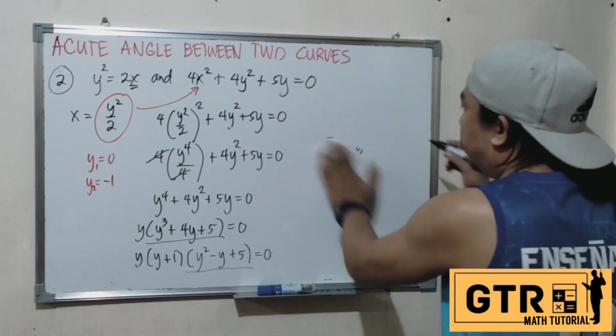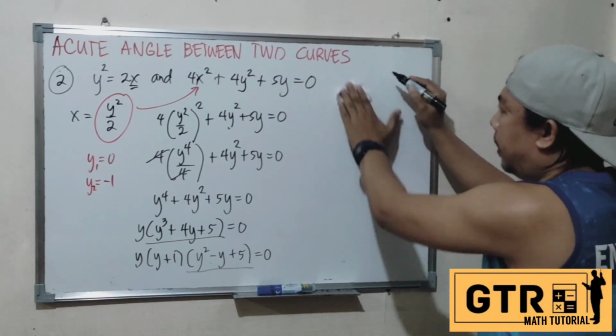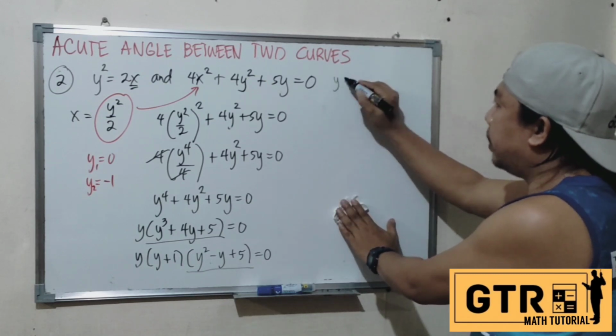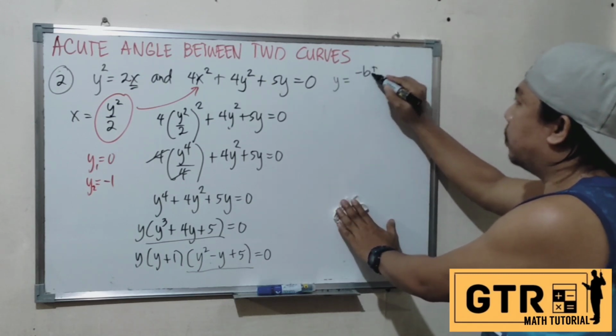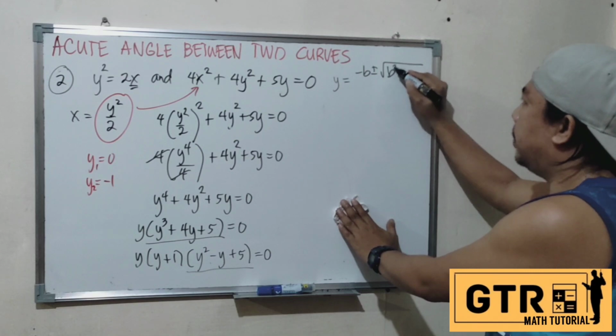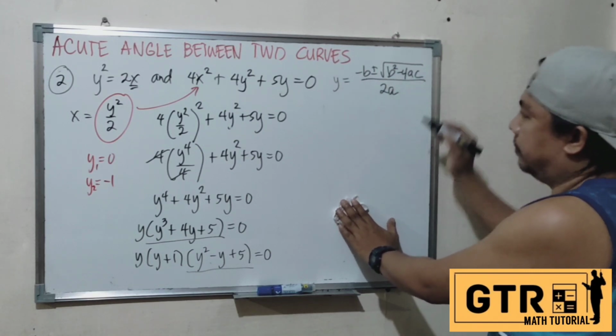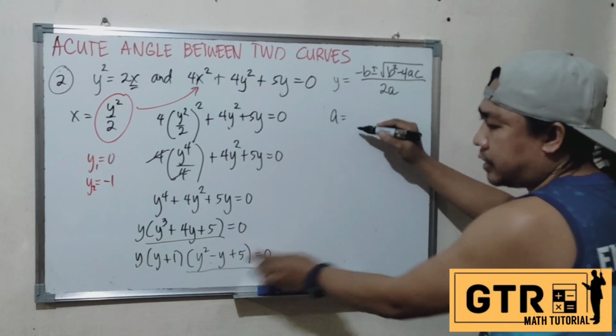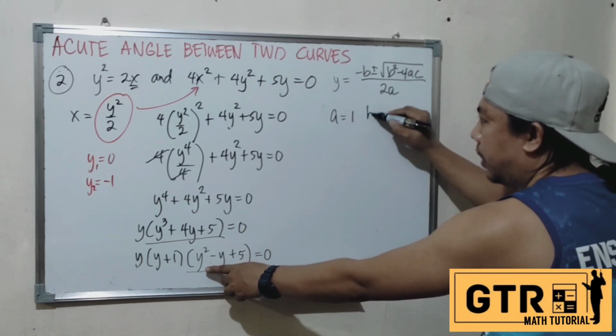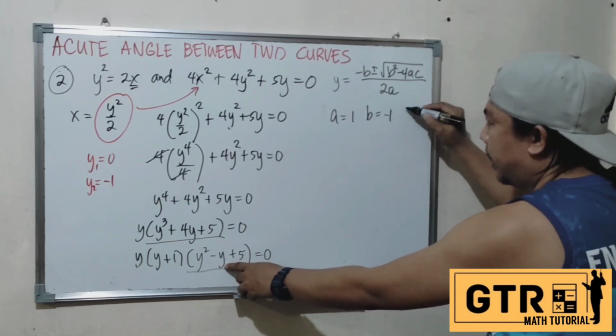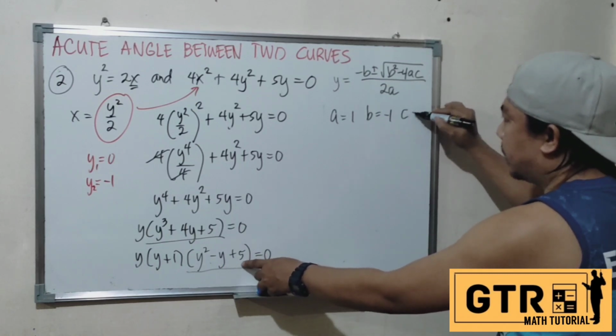So the quadratic formula is y equals negative b plus or minus square root of b squared minus 4ac, all divided by 2a. So the value of a is the coefficient of y squared, 1, b is negative 1, and c is the constant, 5.